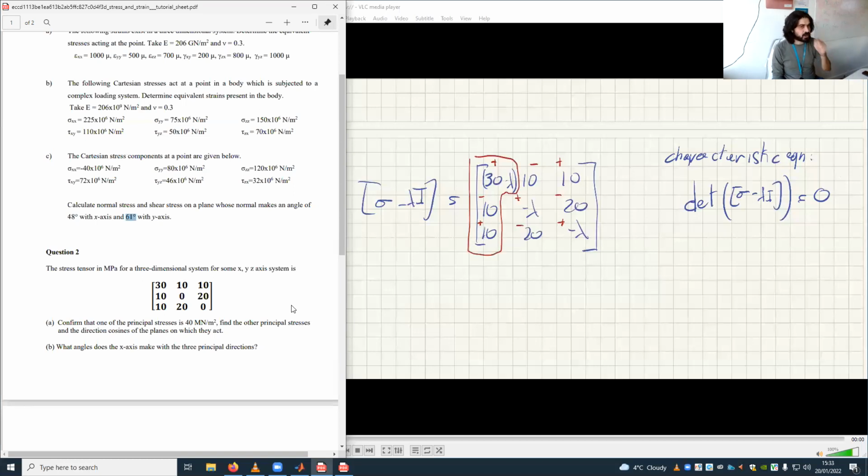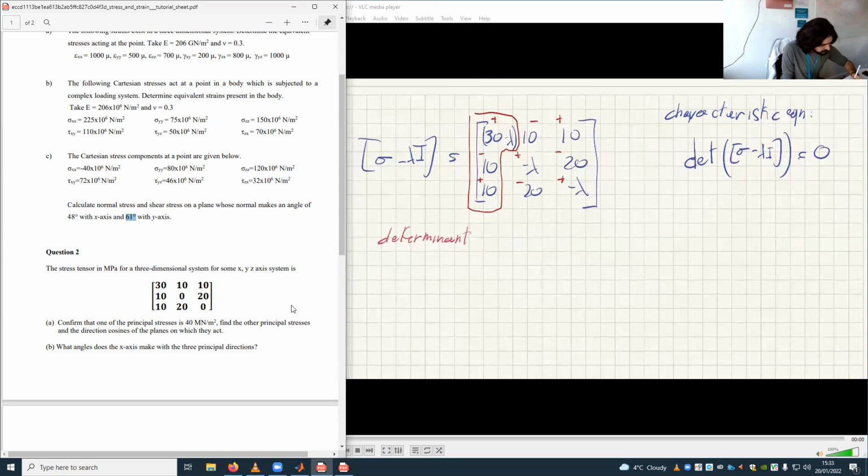Let's choose the first column. Once you have chosen the first column, the determinant is the first element, so 30 minus lambda, times the determinant of the submatrix that you find by removing the row and column where this element lies.